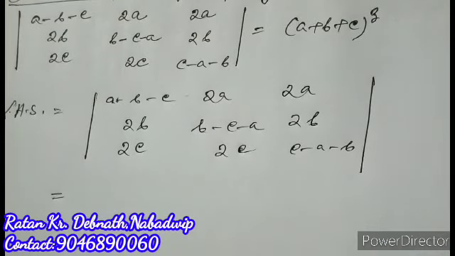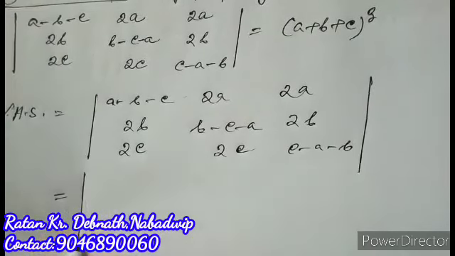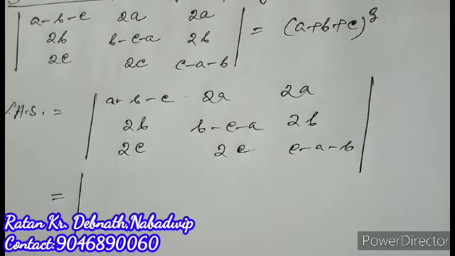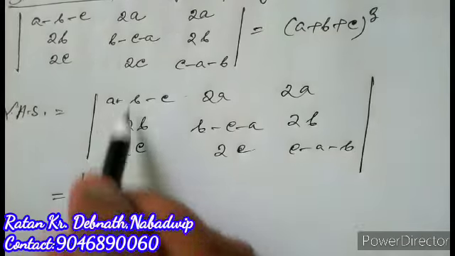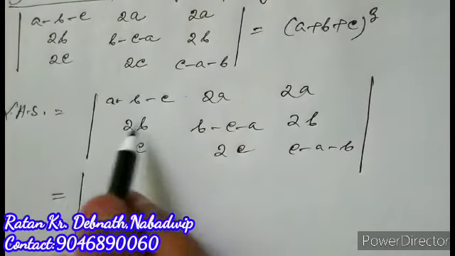Now I will do the column operation for this sum. I am subtracting the second column from the first column to get the new first column.